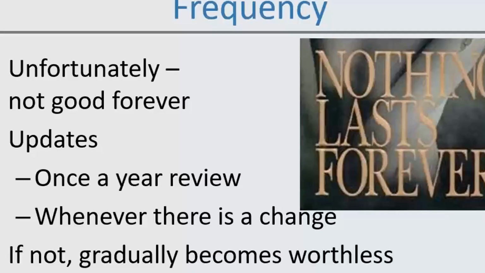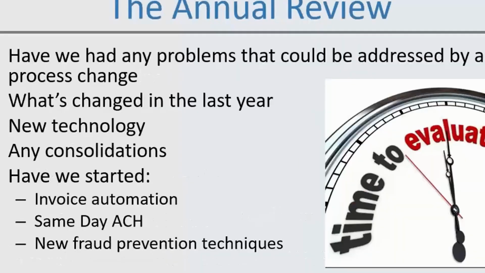And they forget. And then the annual review, same thing. There's always something more important to do than to go through the policy and procedures manual and make sure all the updates were put through. And then the next thing you know, it's 5 years and 25% of the manual is out of date, and it's worthless because you don't know what's accurate and what's not. So don't let that happen to you.